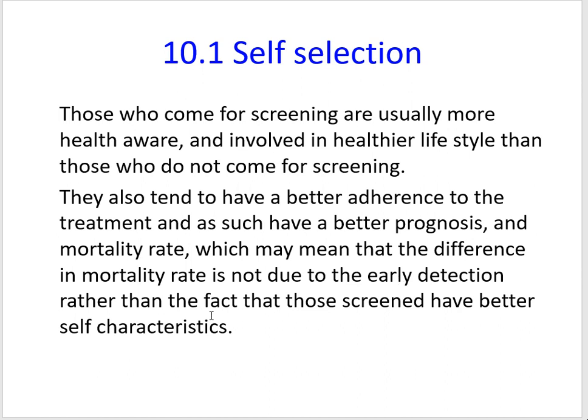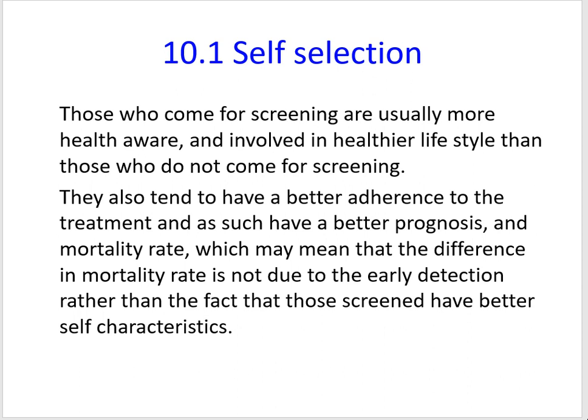So if you consider that healthier people, those that are more educated, those that have better resources and better access to treatment, are the people that end up being screened, versus people that have a lower educational background, lower income, and lower access to medication, who do not get screened.